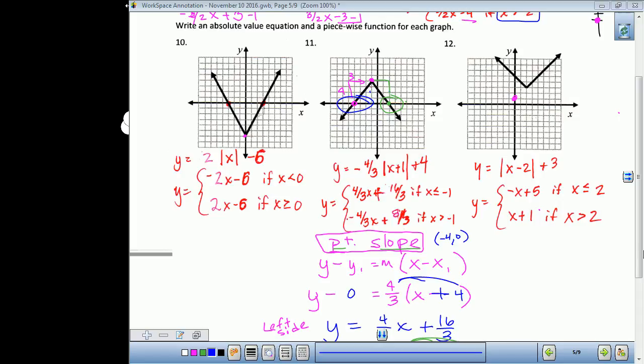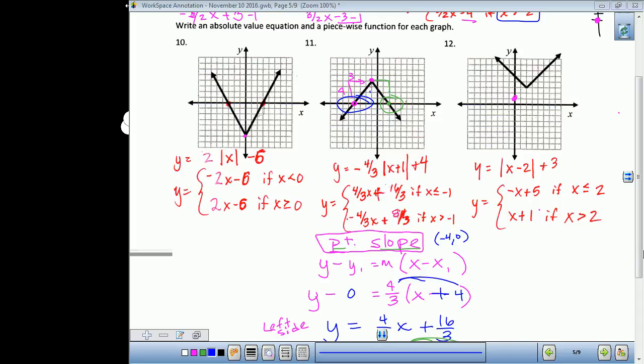Okay, so questions about 10 and 12. It doesn't cross the y-axis nicely anywhere.